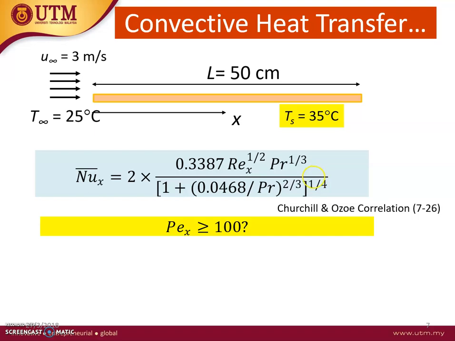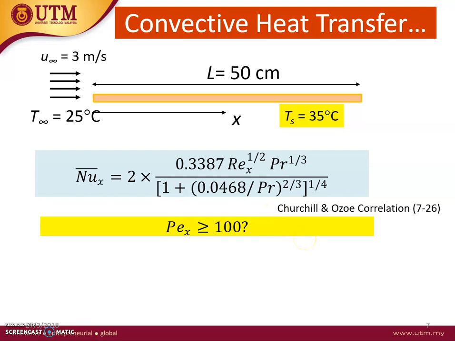Okay. Now, earlier I said, can we use any other correlation besides the exact solution? Yes, there is the Churchill and Ozoe correlation, equation 7.26 in your ebook. If you have available an exact solution, in this case, laminar flow over a flat plate under isothermal condition, please use the exact solution.